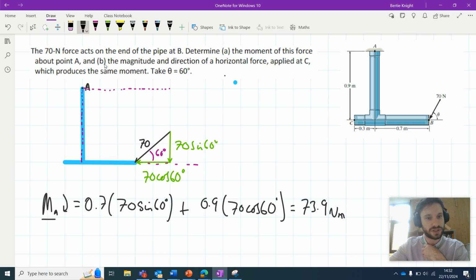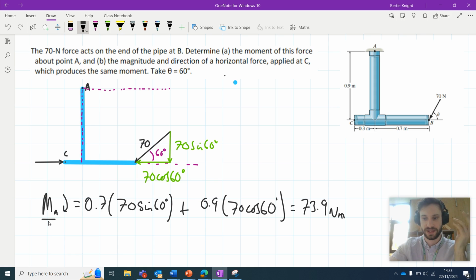The second part of the question is asking for the magnitude and direction of a horizontal force applied at C which produces the same moment. So essentially we want to apply a new force to our diagram, a new force at point C, which on our diagram is here.